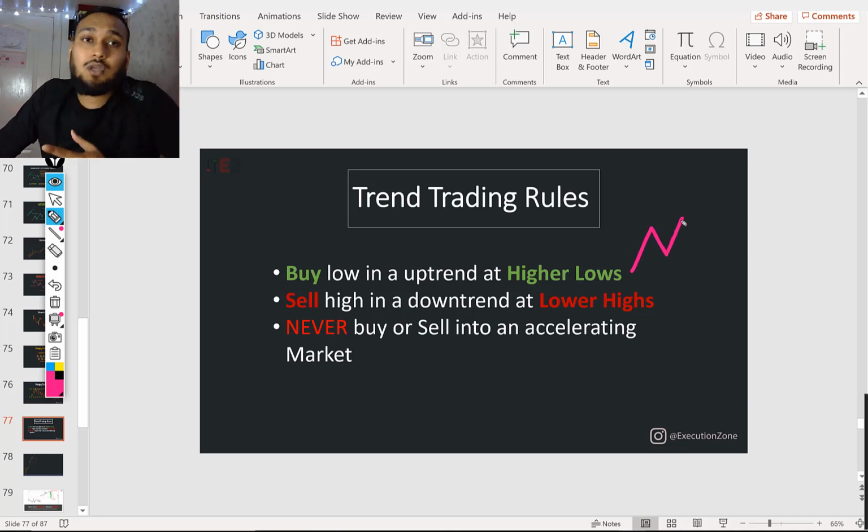We're not looking to sell in an uptrend, unless it just happens to be a lower high based on the macro picture.